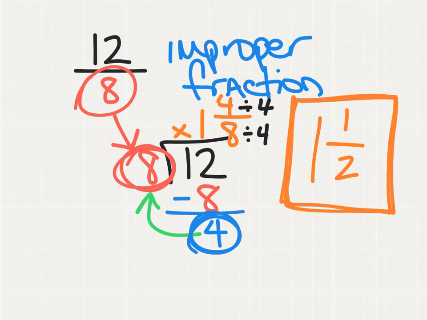So 12/8 as an improper fraction can be renamed to the equivalent mixed number of 1 1/2. And if you remember, we had shown 12 slices eaten out of 8 slices in each pizza resulted in 1 1/2 pizzas. And so we definitely expected our mixed number to be 1 1/2, and it was.